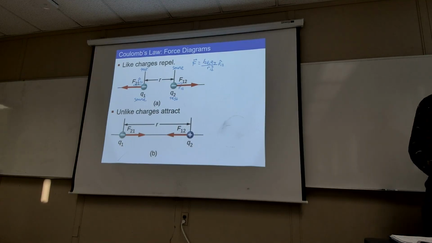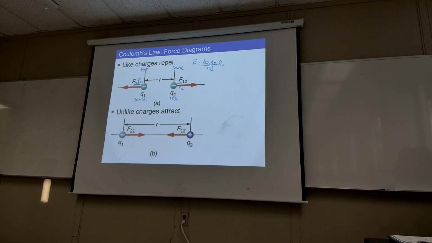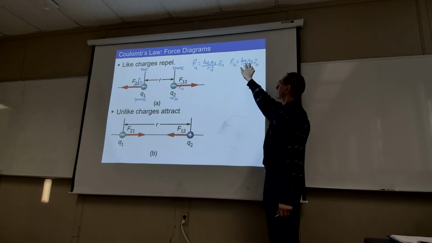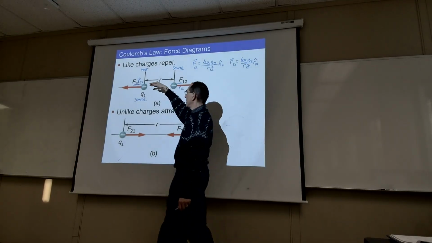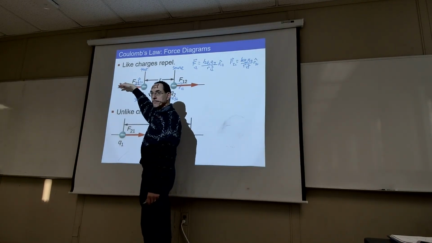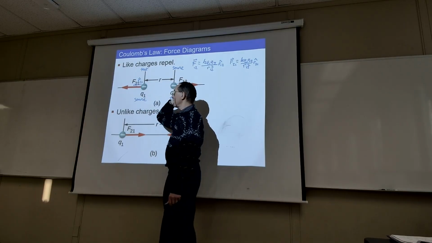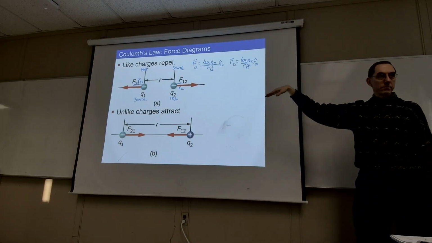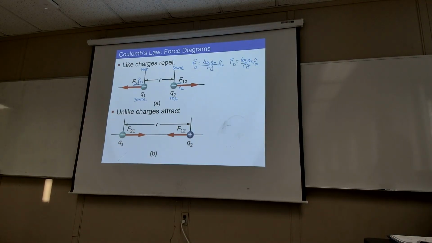In that case, F21 is equal to K Q1 Q2 over R12 squared times R21 hat. Here again, Q1 times Q2 is positive, so my vector points to the left, as expected. So the math corresponds to the picture. Any questions about that?